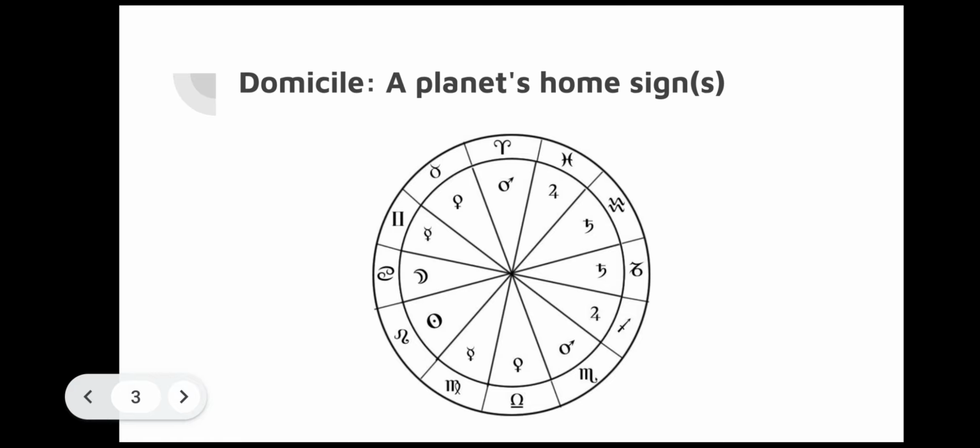This is very basic, it's not very specific, but these are broad. Mercury doesn't only represent small things in life, and Jupiter doesn't only represent big things, but those are the foundational ideas.